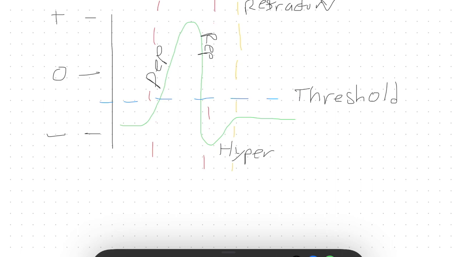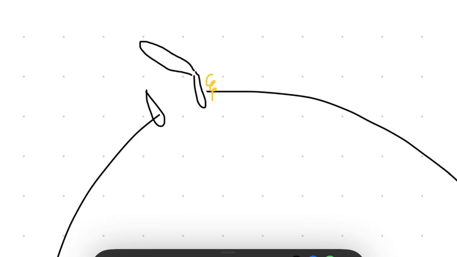So, going a little more into detail, the rising phase of depolarization: voltage-gated sodium channels open in response to a stimulus, allowing a rapid influx of sodium ions into the cell.